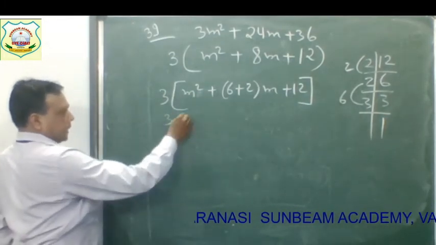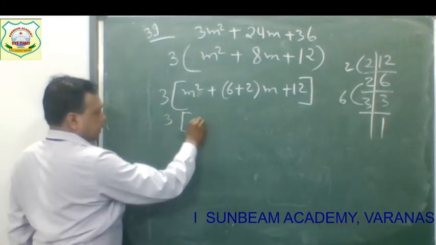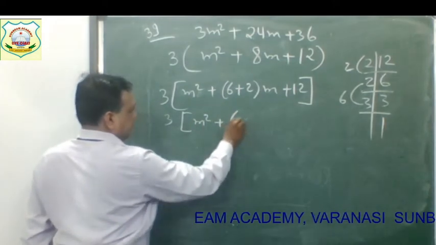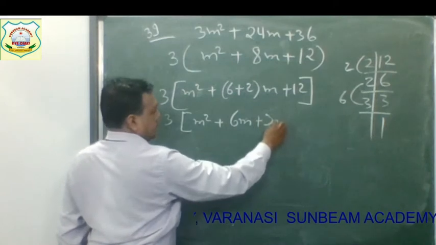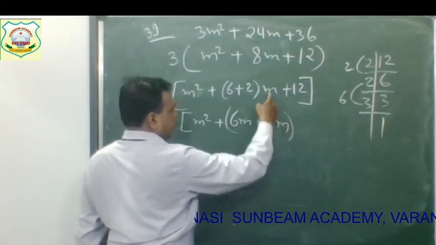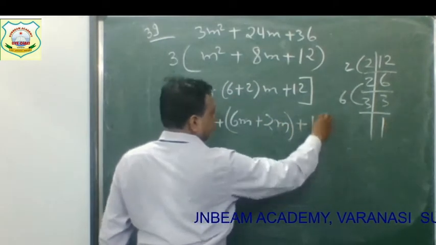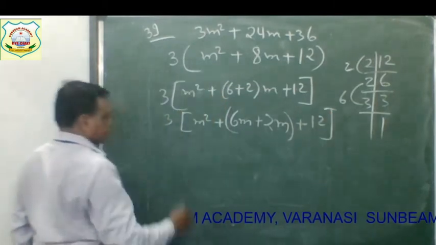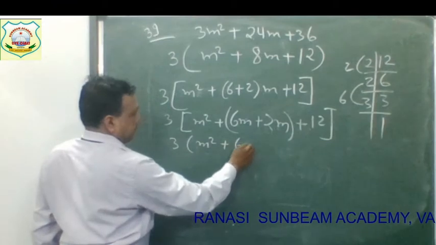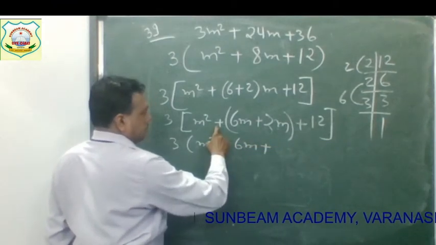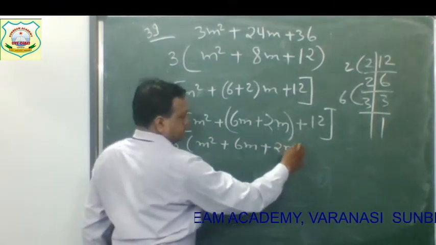Now the same 3 times m squared plus 6m plus 2m plus 12. First of all, the sign will not change when we open the bracket because the outside sign is plus.